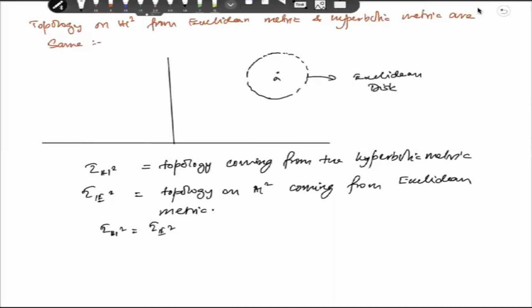Now if I take any point B here, there exists again a Euclidean disk contained in this. And in fact, this circle will again be a hyperbolic circle. So inside this Euclidean disk, there is again a hyperbolic disk.